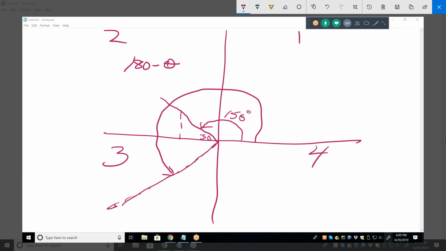Well, the reference angle is that theta, I'm not going to call it theta because it's not the same theta. Let's call it beta. What is beta if that whole thing is 225? 45. Okay, and you get that 45 by doing this. 225 minus 180 gives you that reference angle.